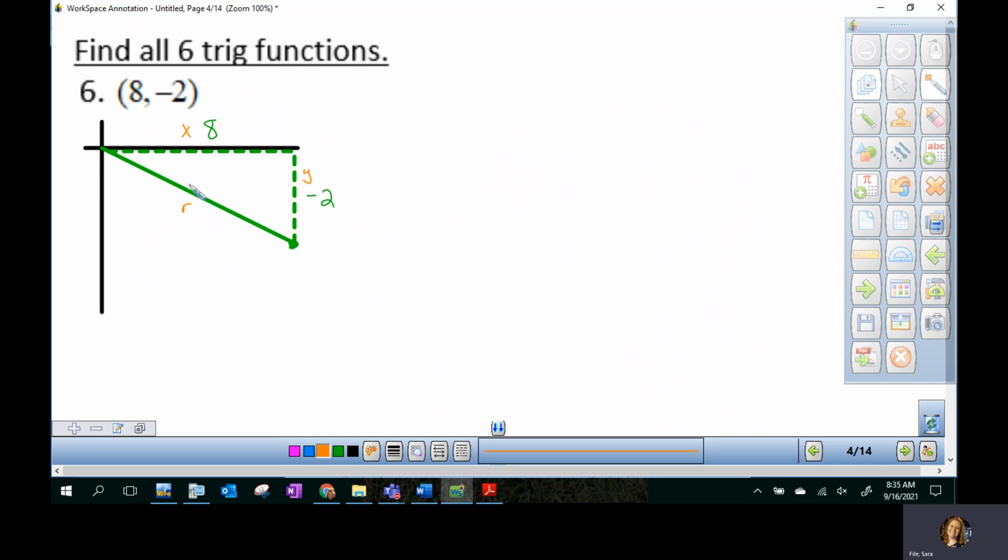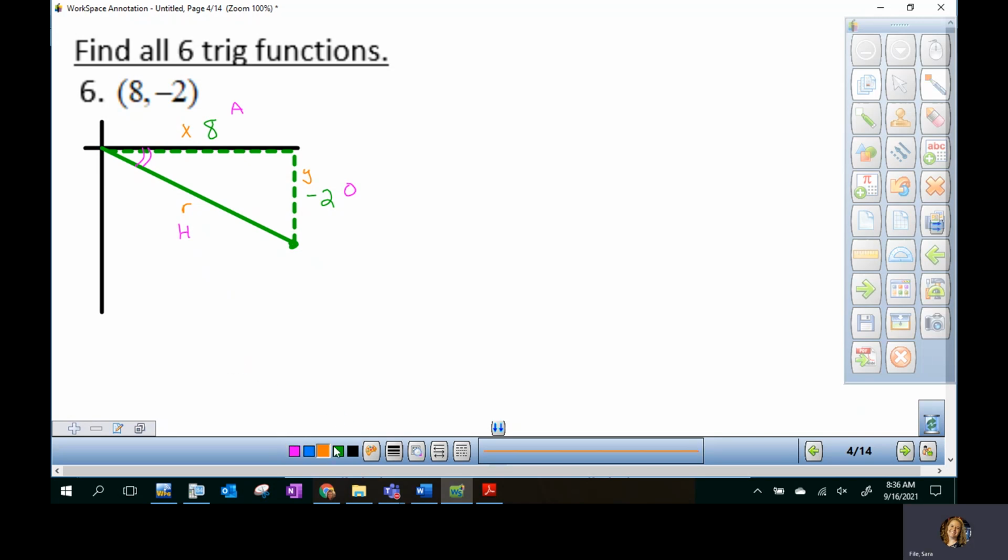If you're still struggling with the terms or the ratios in terms of x, y, and r, it's okay to use OA and H. If that's easier for you, it's always from the central angle here at the origin. This is opposite, this is adjacent, and this is hypotenuse. If you like that better, that's fine. You're going to get the same answer as long as you label them correctly.